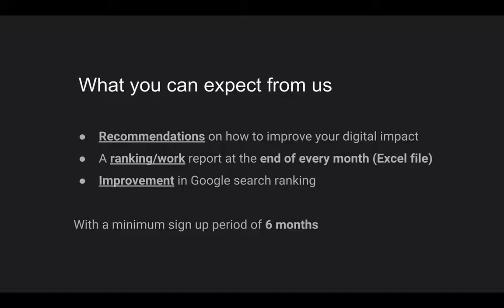Usually this ranking is going to start at nowhere because you're not ranking, and work its way up to page 1. This will be in an Excel file, and you will definitely see in this file the improvement in your Google search ranking as well. And as I mentioned, this is with a minimum sign-off period of 6 months.